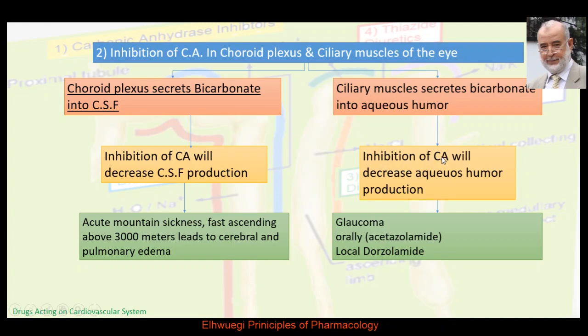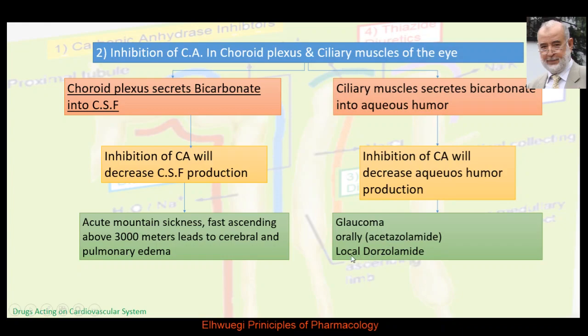By inhibition of carbonic anhydrase in the ciliary muscle, we decrease aqueous humor production, and this will decrease intraocular pressure, and therefore these drugs are used in treatment of glaucoma. The most famous, acetazolamide, can be given orally in treatment of certain types of glaucoma, especially open-angle glaucoma.